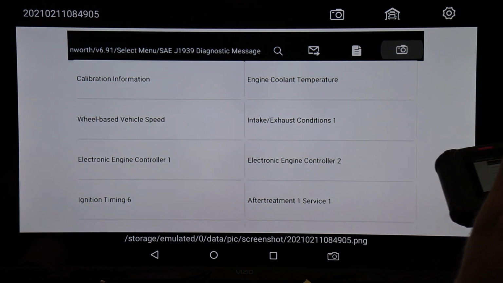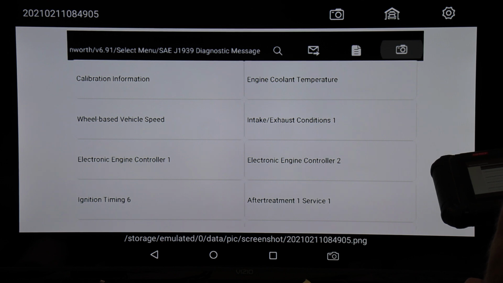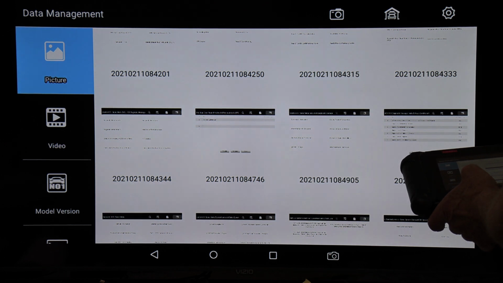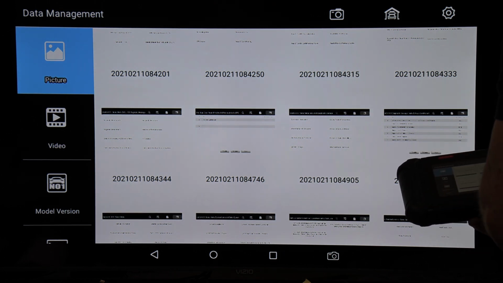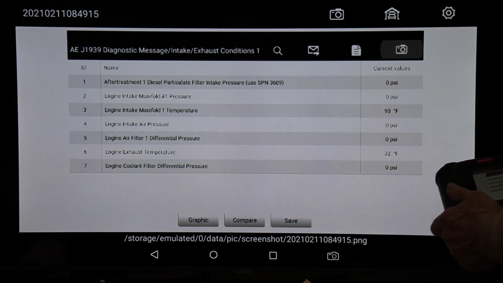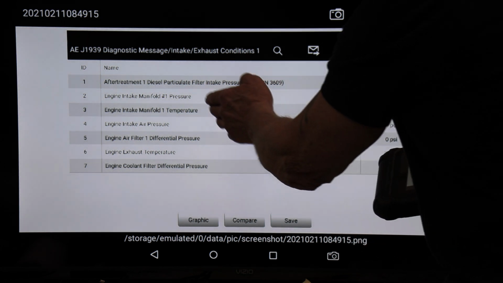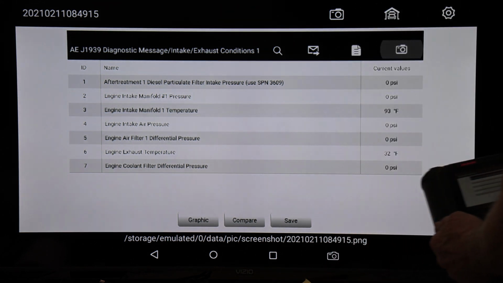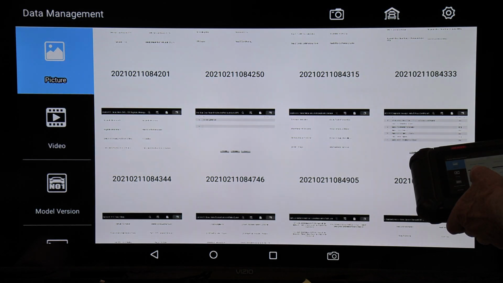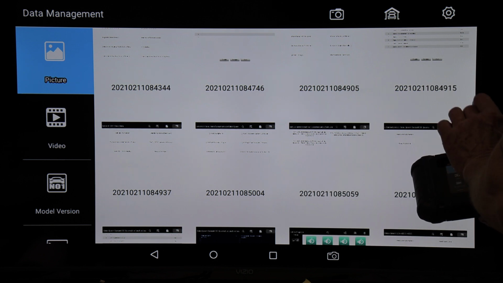Cal information, intake exhaust conditions, you name it, it's in there. I went on my actual data for that, and you can see, line it all up. The other day, if I hit that graphic button, it would go into graphic mode. And scroll up again.